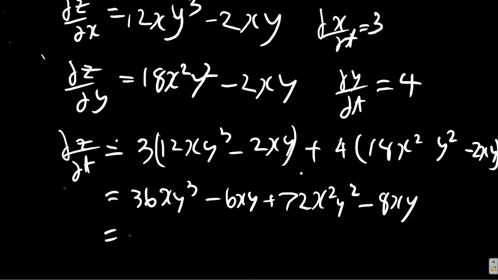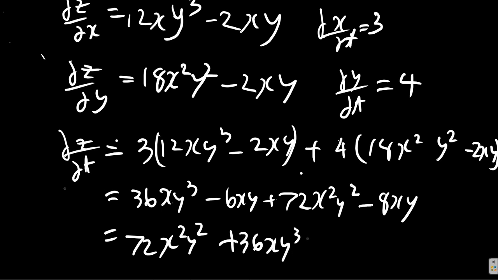You notice, if you have 72 x squared y squared plus 36 xy cubed, then you have minus 8 and 6 is 14. And these can combine, right?